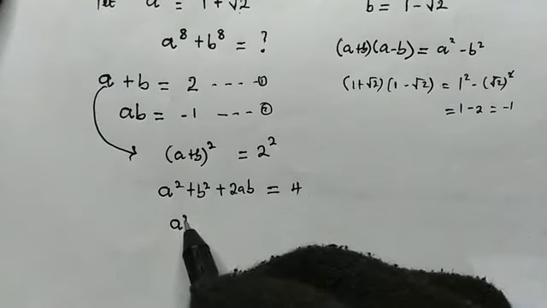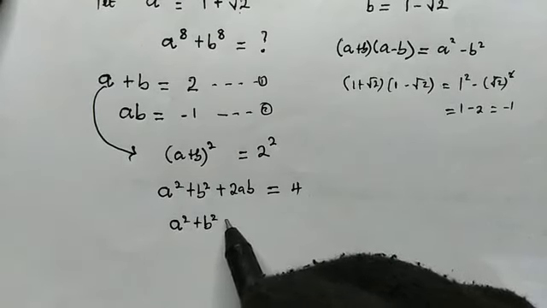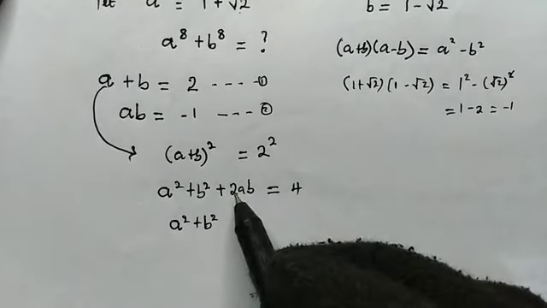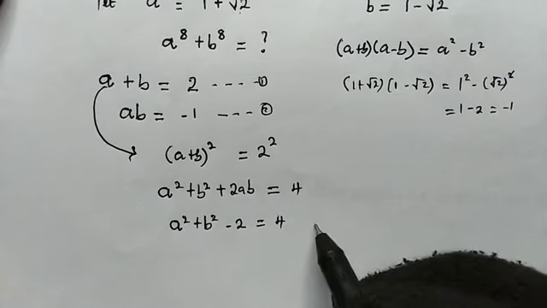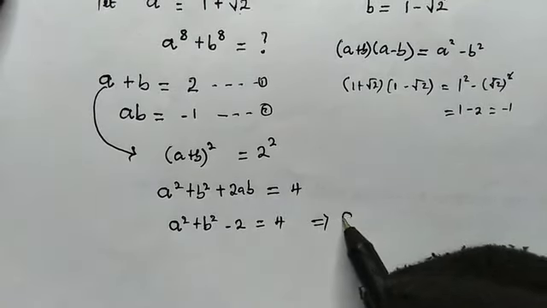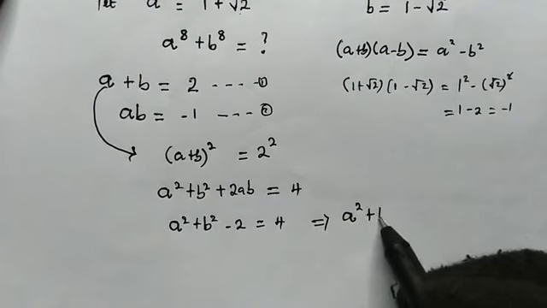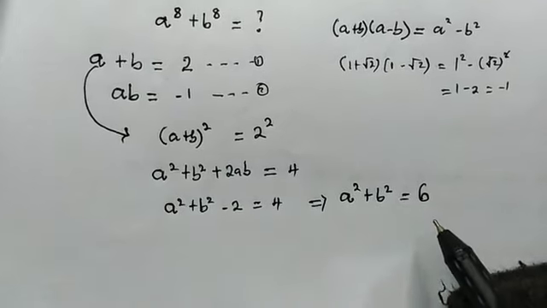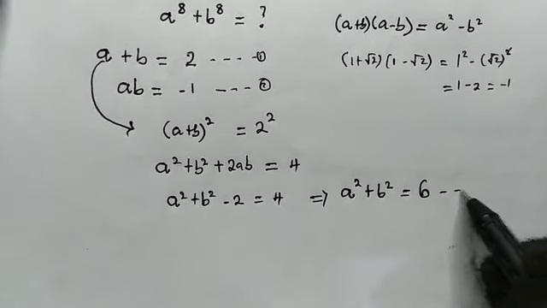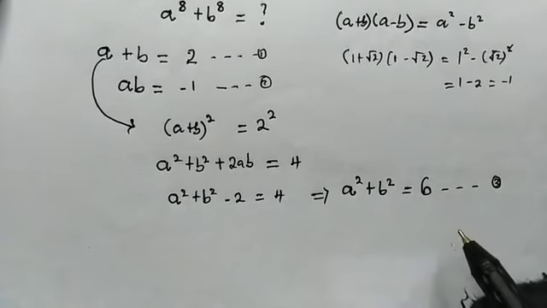So we have A² + B² plus 2 times negative 1, which gives us negative 2, equal to 4. Add 2 to both sides, and we get A² + B² equal to 6. Now, this is our equation 3.